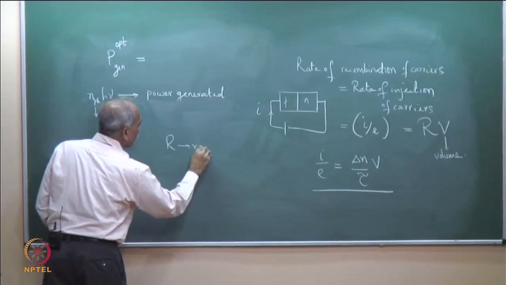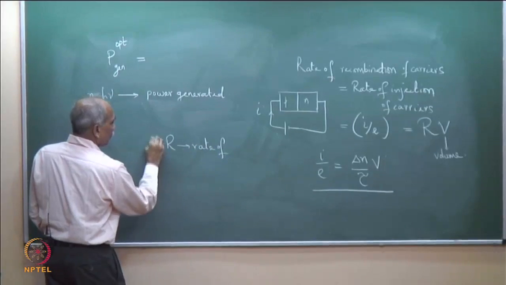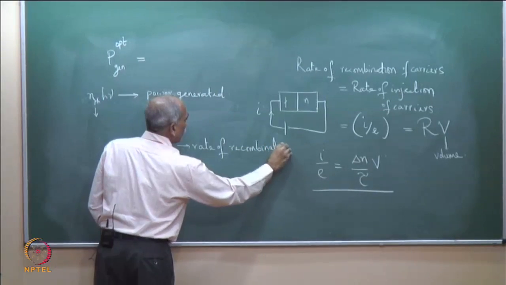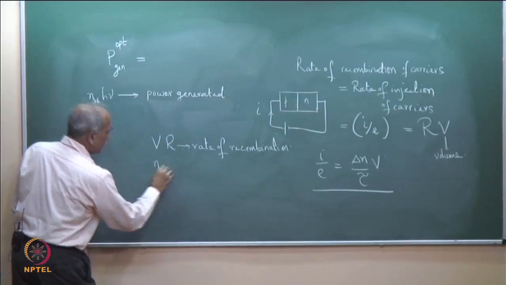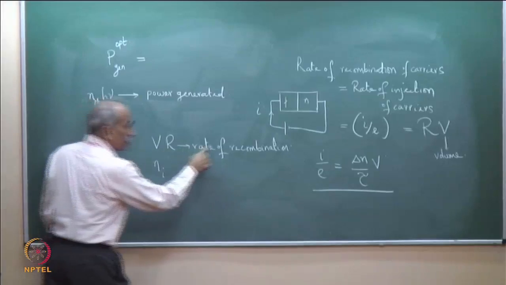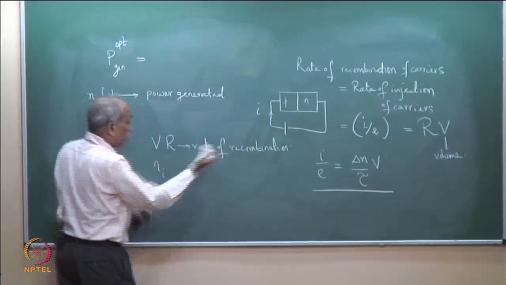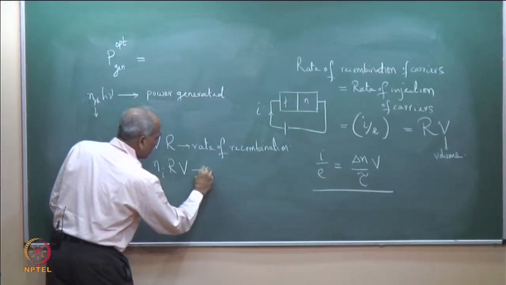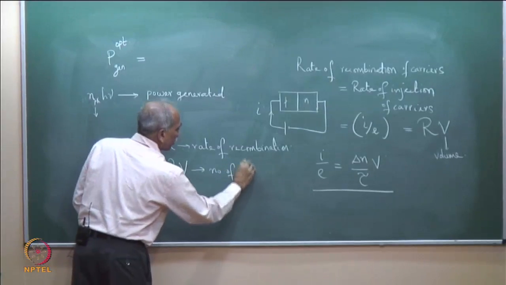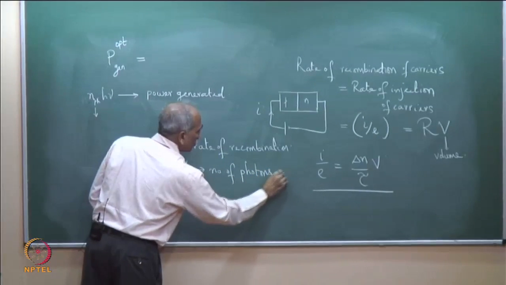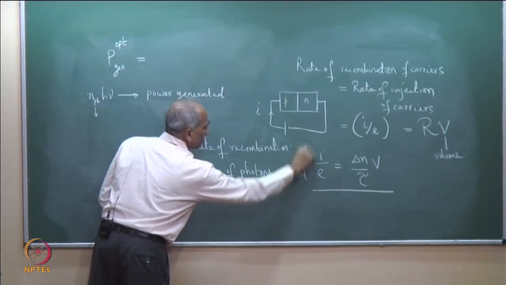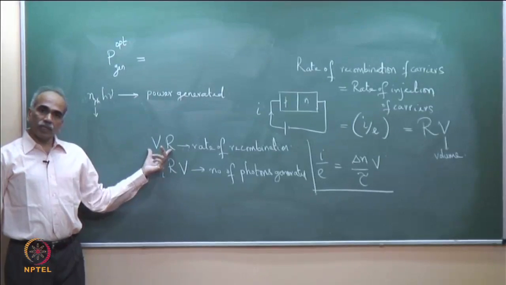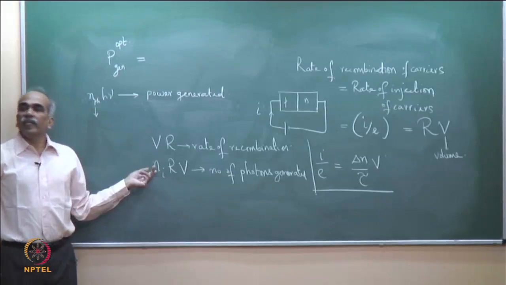R is the rate of recombination, so R into V is the rate of recombinations, which means the number of recombinations per unit time in the volume V. Out of all the recombinations, a fraction eta I will lead to generation of photons.